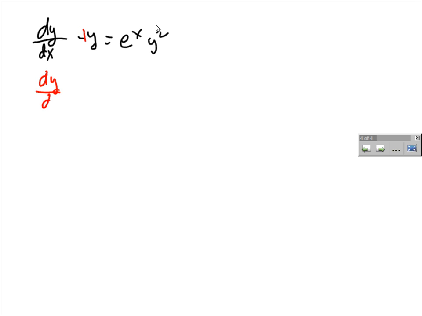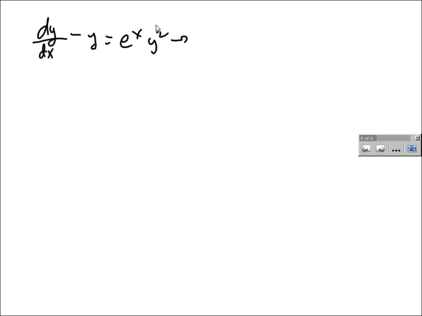So we have dy dx plus a function of x, which is just a constant, times y, is equal to a function of x times y to the 2. So n is 2. This fits like a glove. We didn't have to make any adjustments.